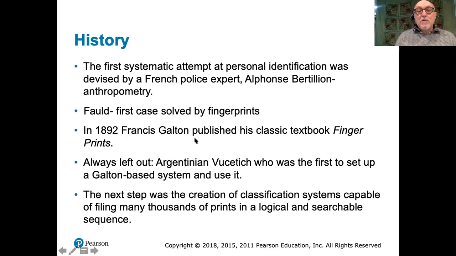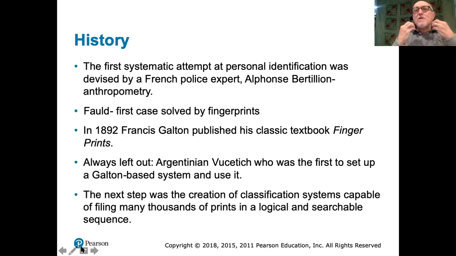In 1892, this scientist Francis Galton, who was, by the way, related to Charles Darwin, published a textbook on fingerprints. But it needs to be made clear that the book he produced was a theoretical book, just about the structure of fingerprints and that sort of thing, something about what he thought the evolutionary significance was.